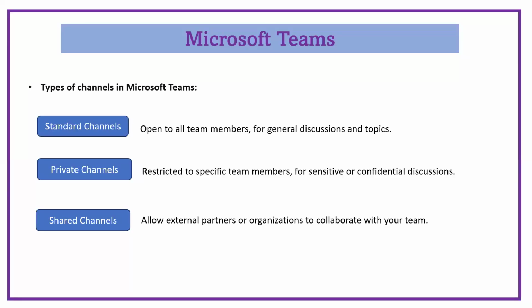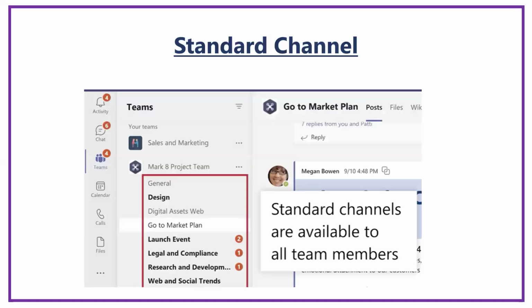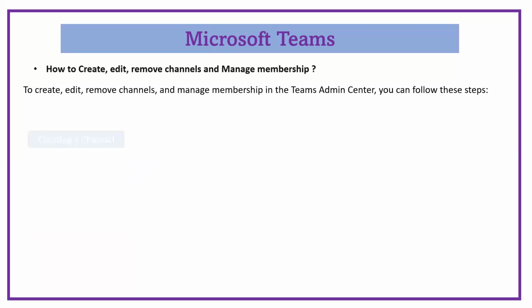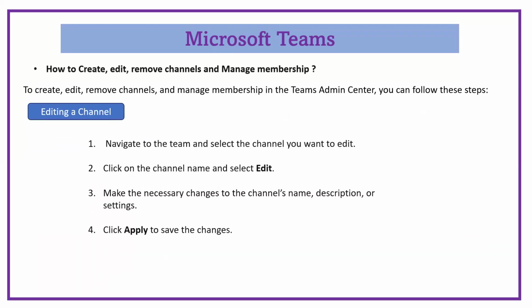The other channel we have created using the Microsoft Teams client. And also we have seen how to manage the policies for the channels using Microsoft Teams Admin Center. So this is a simple overview of how channels work in Microsoft Teams.